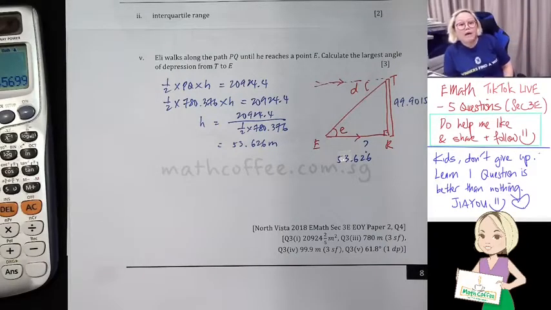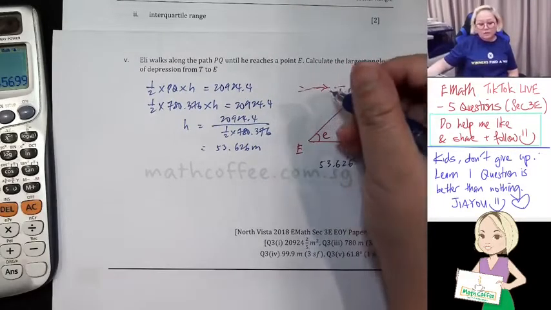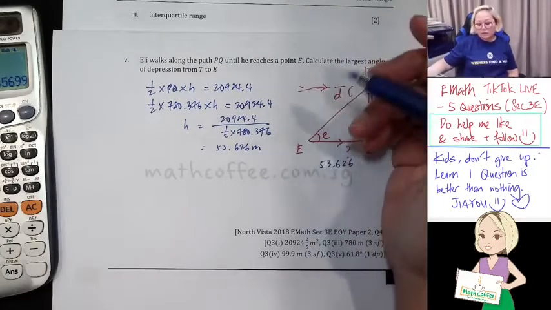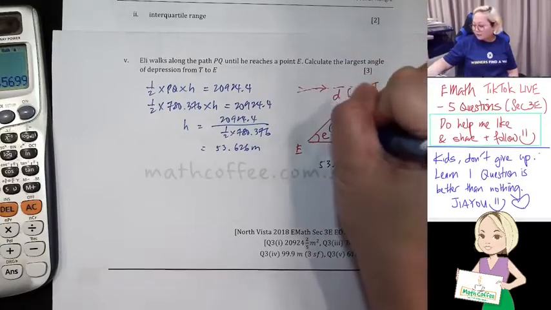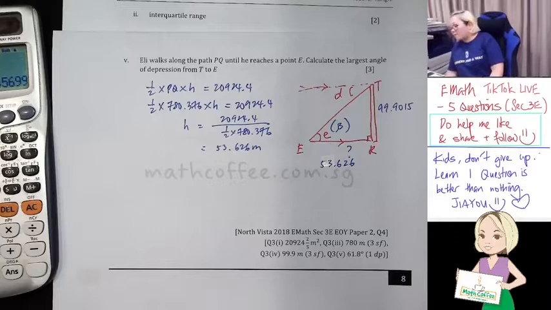I want to find my elevation, that means the angle over here. I can label this as, did I use theta just now? We can use beta. Yes, it is still tangent.